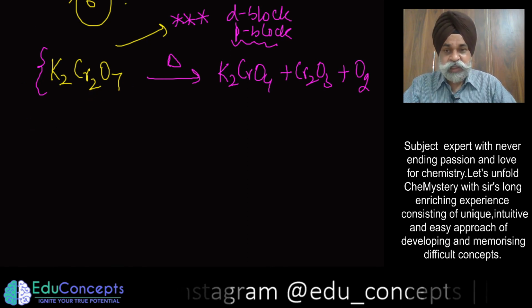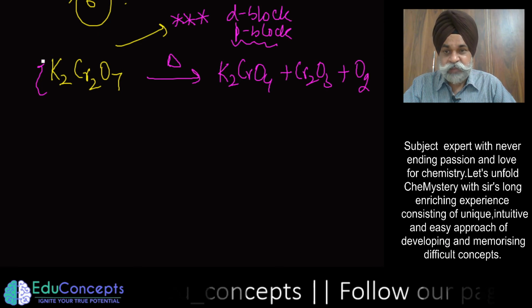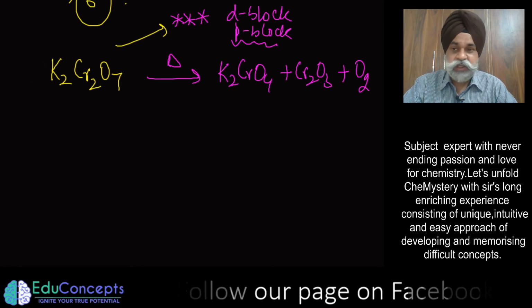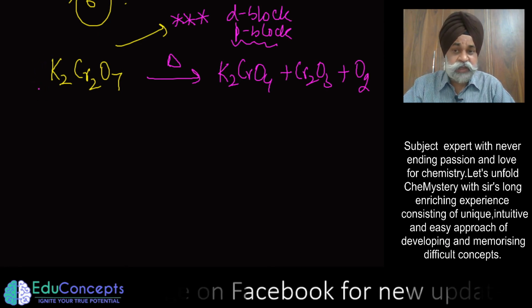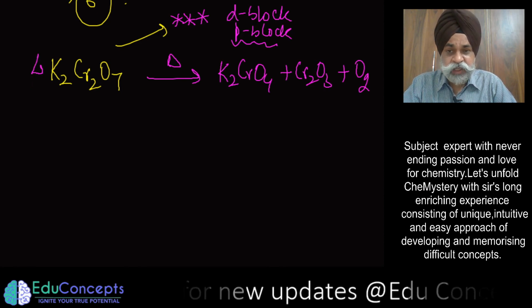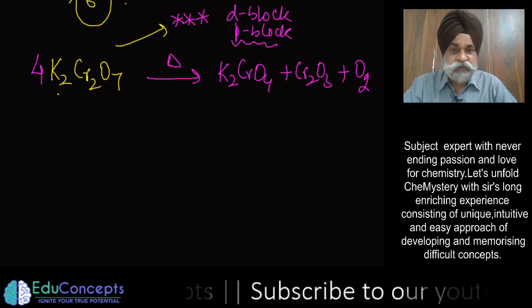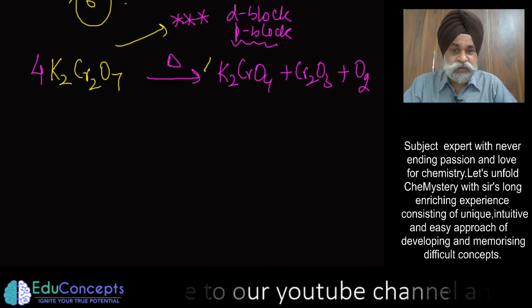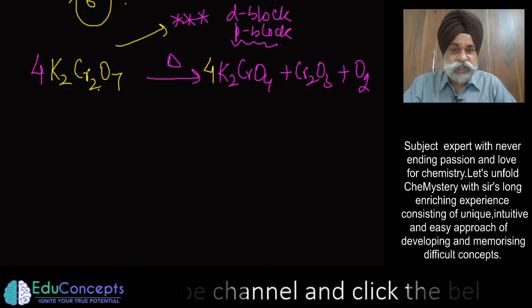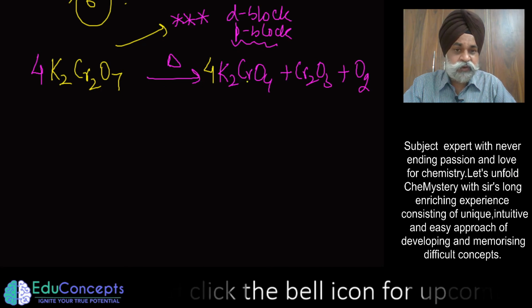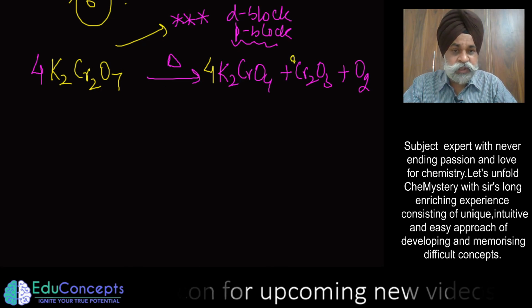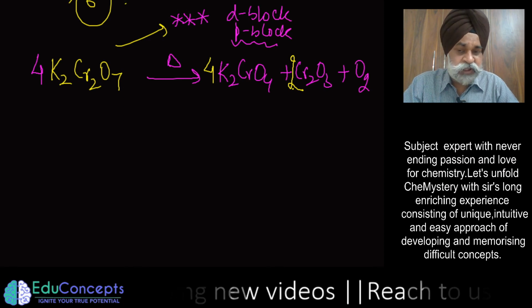Now if I want to balance it out, I can simply do it with hit and trial. If I place 4 here, you have 8 potassium, so I should put 4 here. Chromiums are 8, here you have 4 chromium, so I should put 2 here. So I have balanced potassium and chromium.